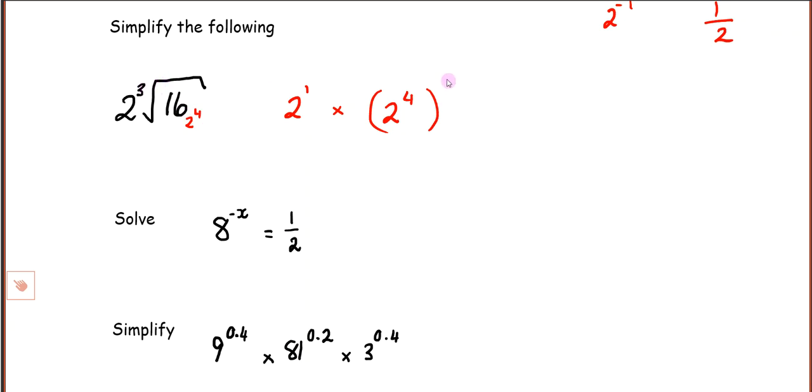The cube root is 1/3. So that goes 2 to the power of 1 multiplied by 2 to the power of 4/3, which simplifies as 2 to the power of 1 plus 4/3 is 7/3.